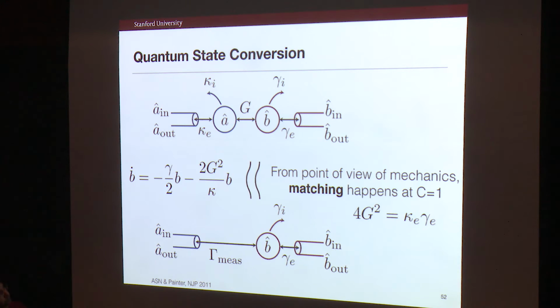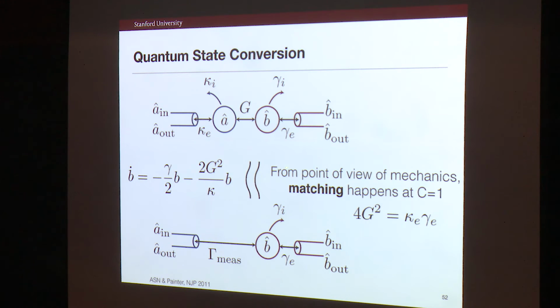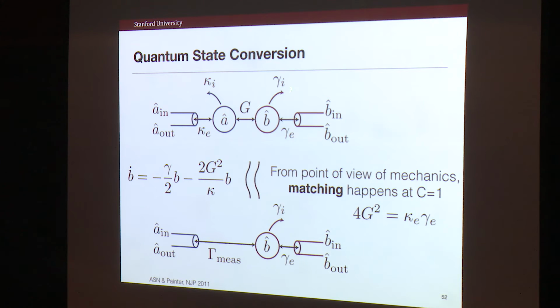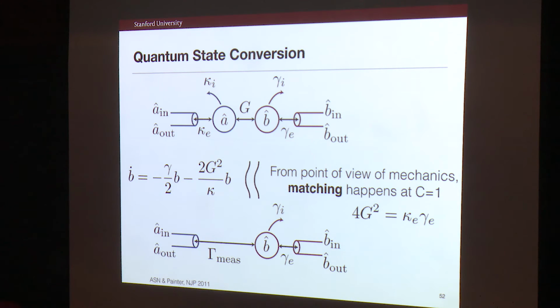So the way that you efficiently convert an incoming microwave photon into an optical photon is by essentially matching these two loss channels, one into the light field, one into the motional degree of freedom. If you match these two, this is your condition, then an excitation coming in just tunnels through.